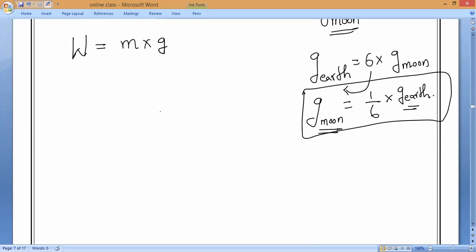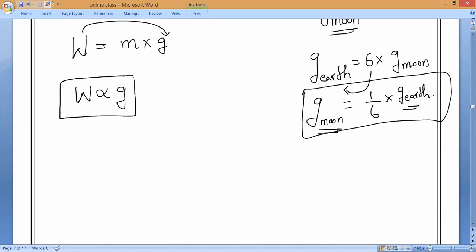Is weight directly proportional or inversely proportional to gravity? Direct. Weight is directly proportional to gravity. What do you mean by directly proportional?